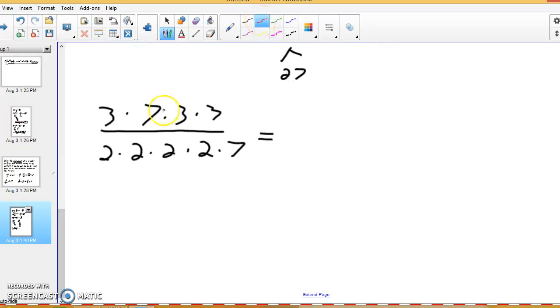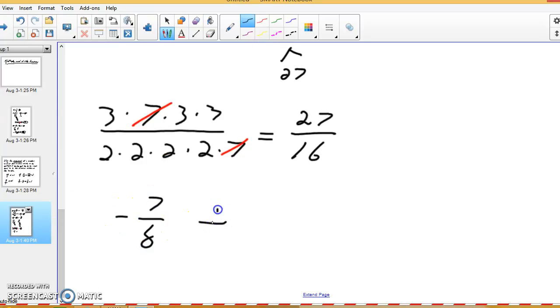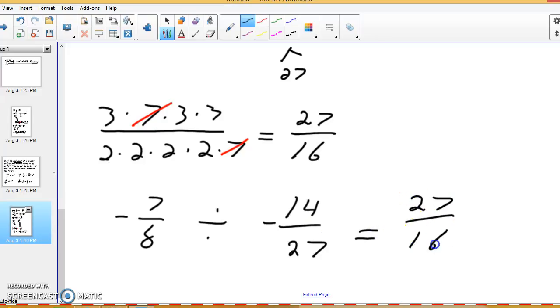So now we cross out common factors. That's it. So 3 times 3 times 3 is 27. 2 times 2 times 2 times 2, well, that's 4, 8, 16. So the answer to what is negative 7 divided by 8 divided by negative 14 divided by 27 is 27 over 16.